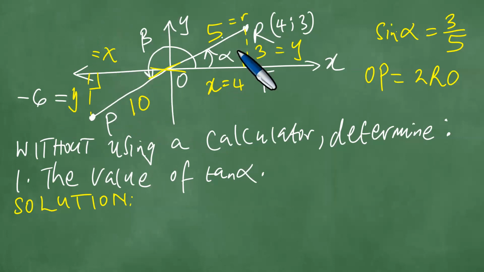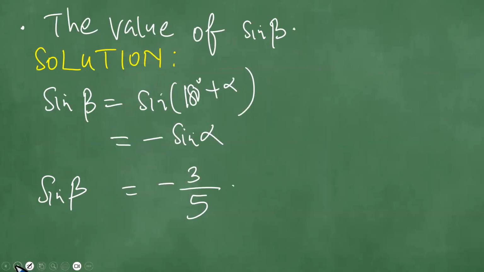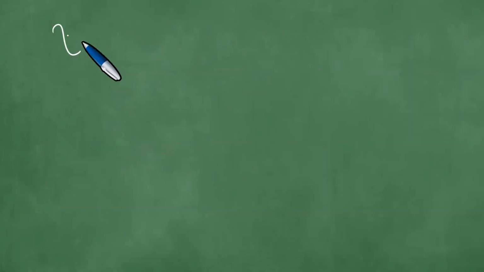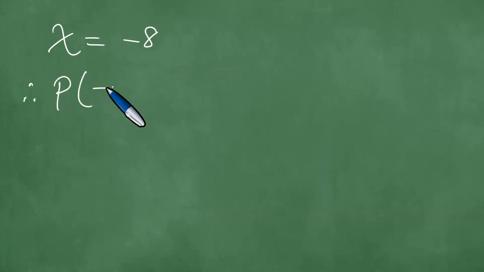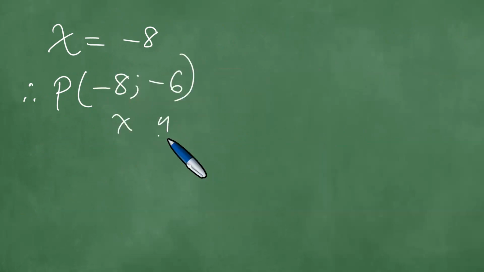So x is 2 times 4, which is 8, and it is minus 8 because it's on the negative side. You can use Pythagoras as well; the answer will be the same. So x is minus 8 and y is minus 6. So this is the point xy.